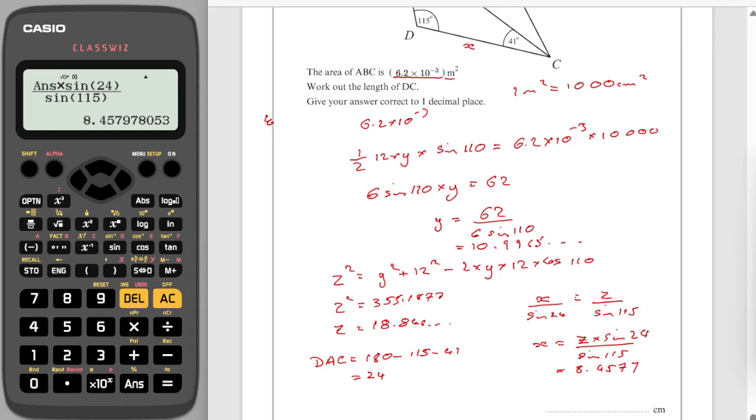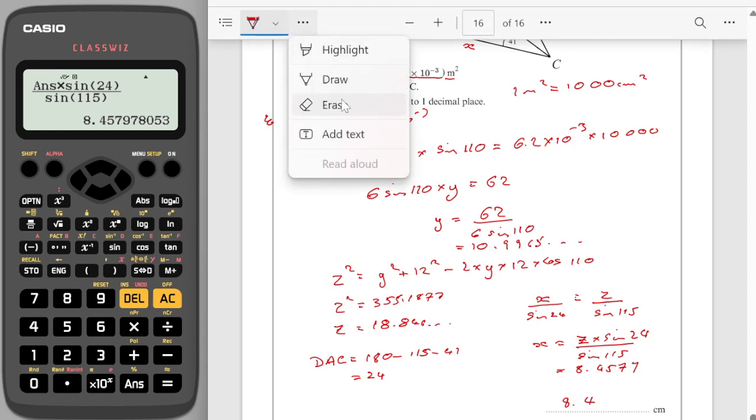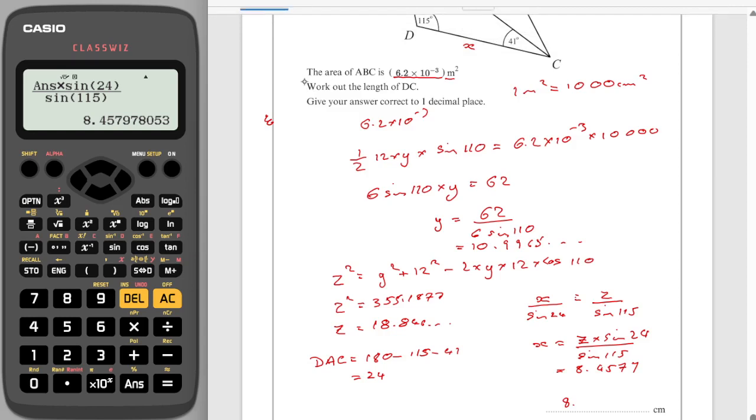Okay, I've just done some checking in the background and I'm happy with that. So I'm going to go 8.4 to 1 decimal place. I've written that wrong, to 1 decimal place, so 8.5 centimeters.